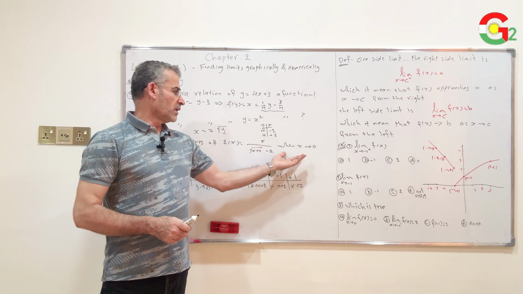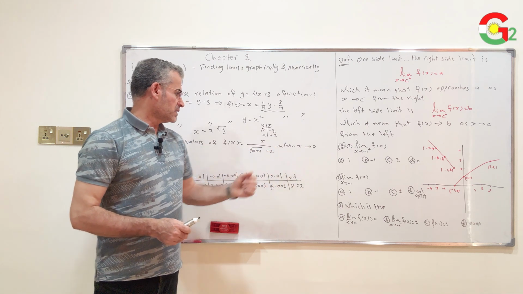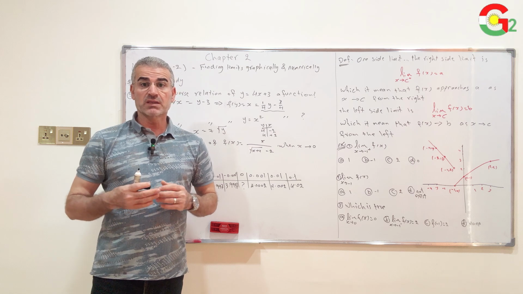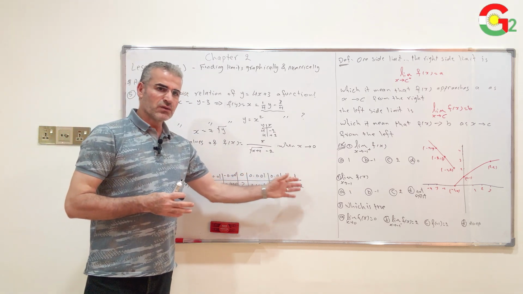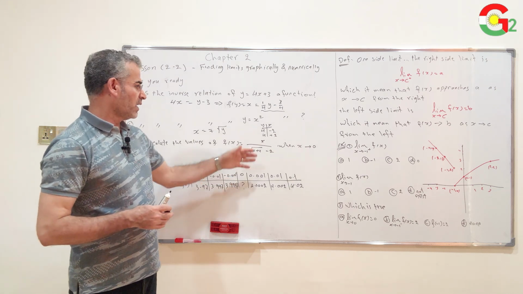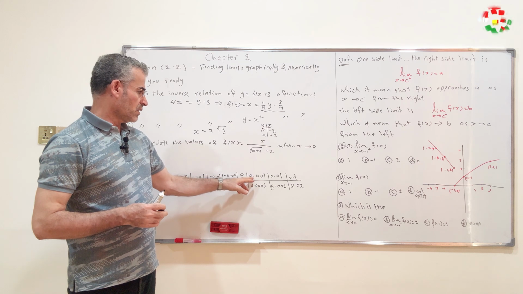The function is undefined at 0, but we want to know the behavior of this function when x approaches 0. Then we will take several values after 0 and several values before 0 and find the value of f of x.